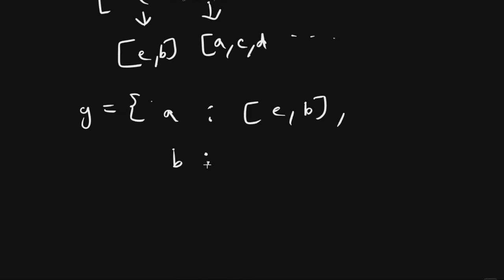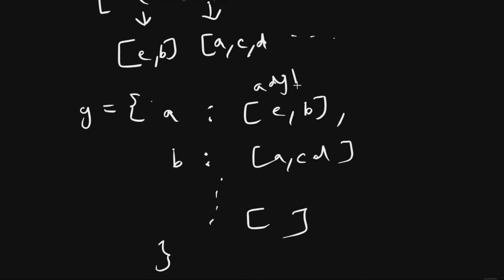Then B is A, C, and D, and something similar for all of this. If it is empty, we can just give an empty array. So this is how we can represent a graph in adjacency list format. As you can see, adjacency list means a list of elements which are adjacent to that node. So currently, if A is a node, this is a list of adjacent nodes.